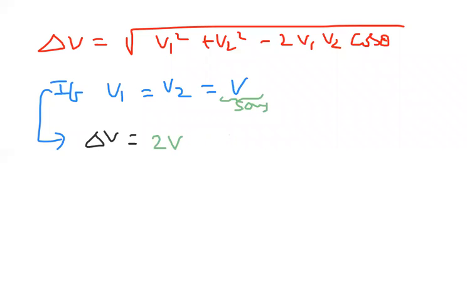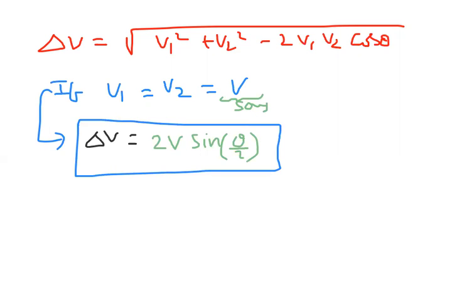This is a very simple derivation. We have to remember that 1 minus cos theta is 2 sine square theta by 2. With that, we get the change in velocity formula, delta v equal to 2v sine theta by 2, when v1 and v2 have the same value.